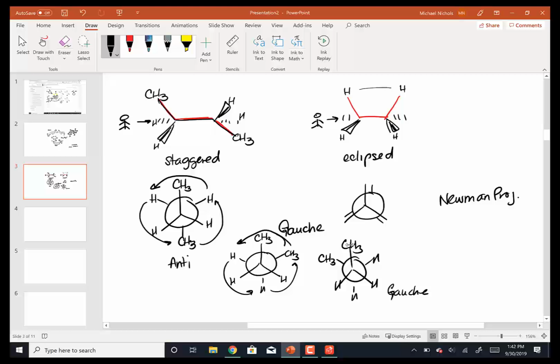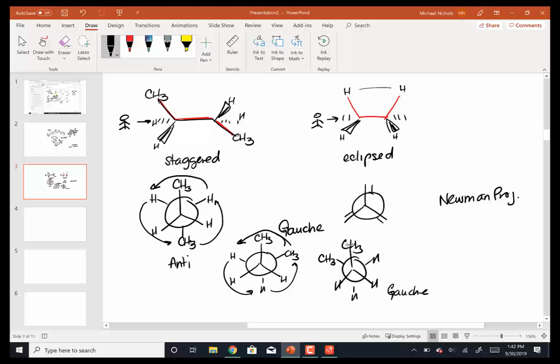So there's two things we need to make sure we're absolutely clear on. Number one, those are two different conformations. They're two different three-dimensional structures. One has the back methyl on the right, one has the back methyl on the left. So they're not the same three-dimensional structure, but they do have the same energy.